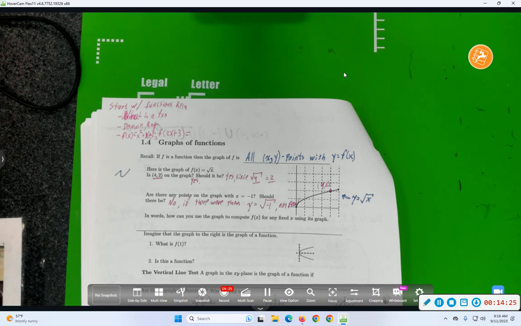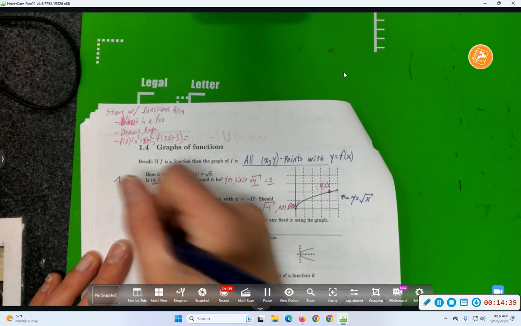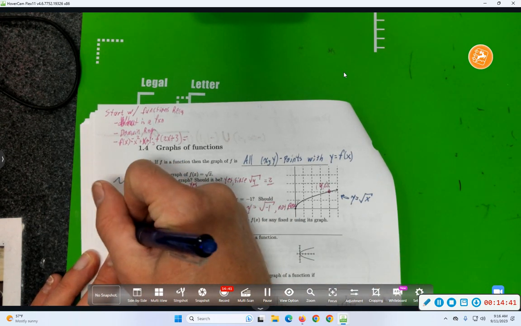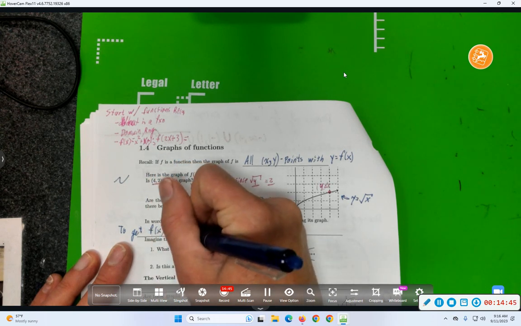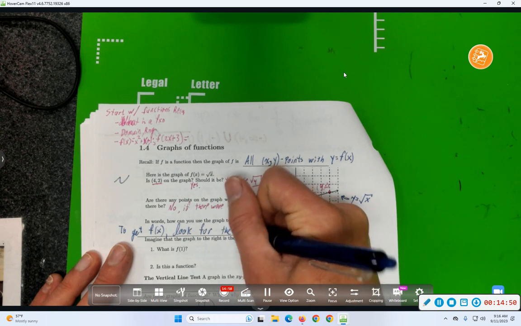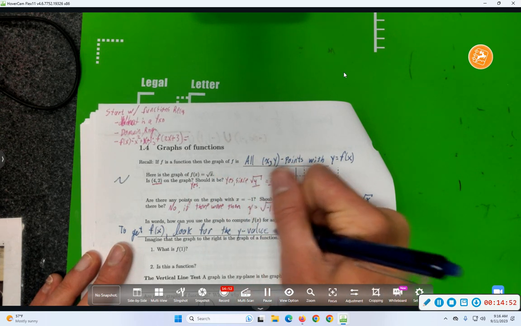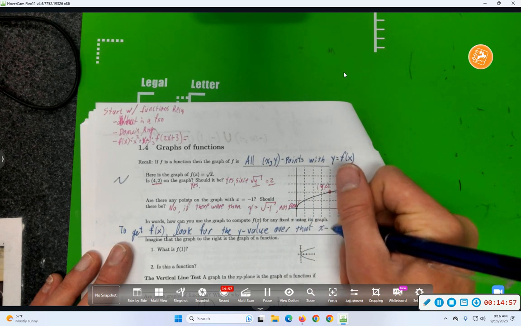All right. So let's close with one more thing about graphs of functions in terms of x, y values. If you see some function and you only know its graph, you can evaluate that function using the graph. To get f of x, look for the y value over that x value.